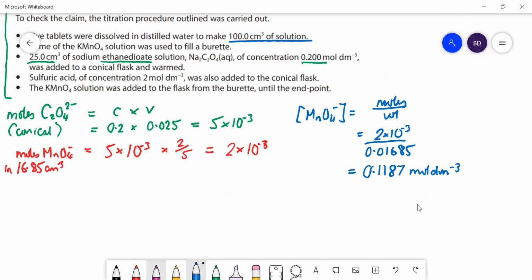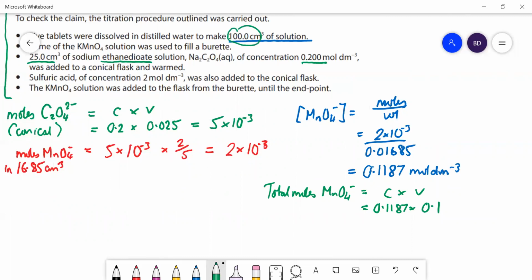Total moles of manganate is equal to the concentration multiplied by the volume. So that's 0.1187 multiplied by 0.1, that's 100 centimeters cubed in dm cubed. So that is 0.01187 moles. Okay, that's the total moles of manganate.